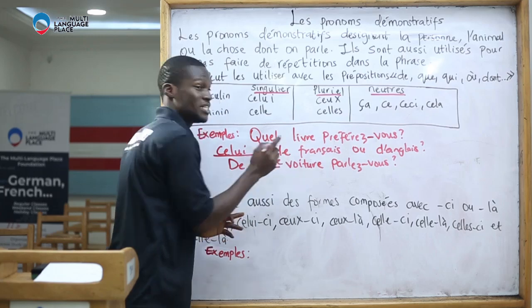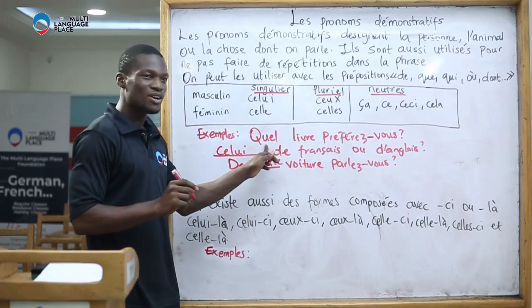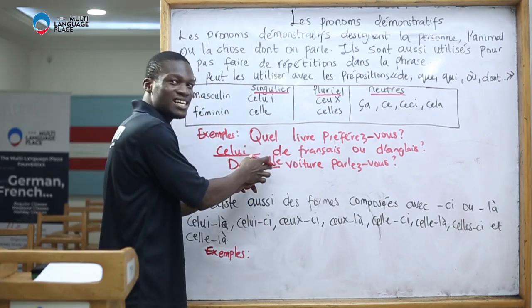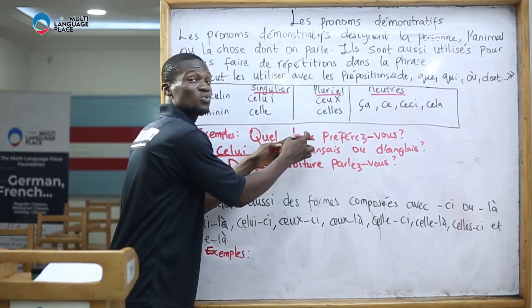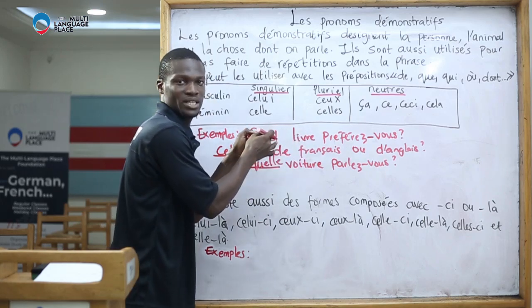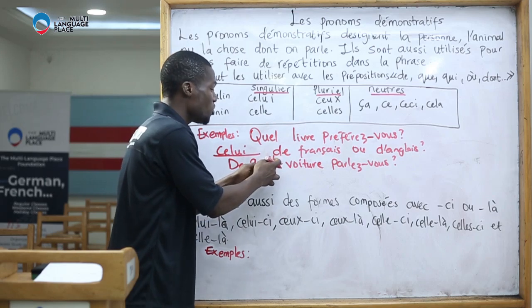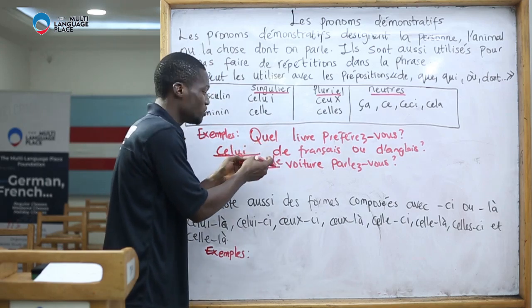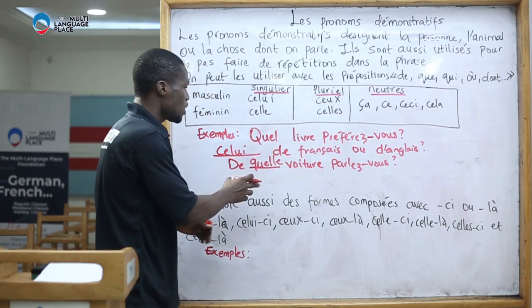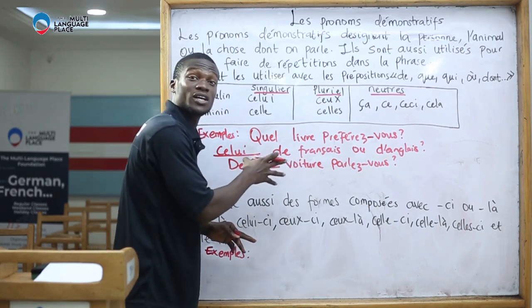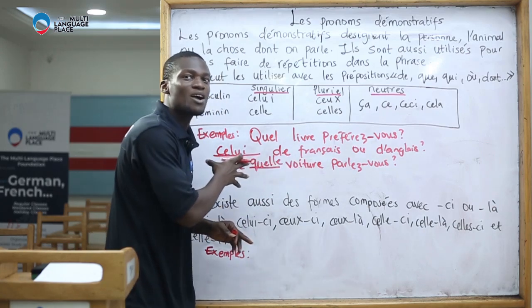I want to bring out the difference between quel without e and quel with e. The quel without e goes with masculine words. The one with e and the L doubled goes with feminine. So, which car are you talking about?